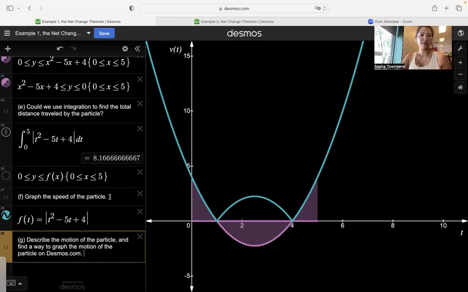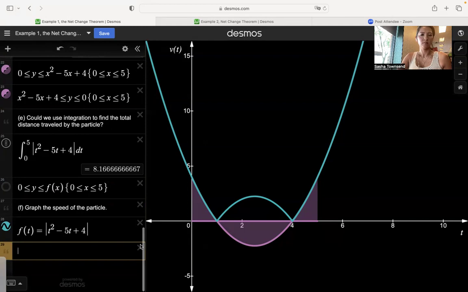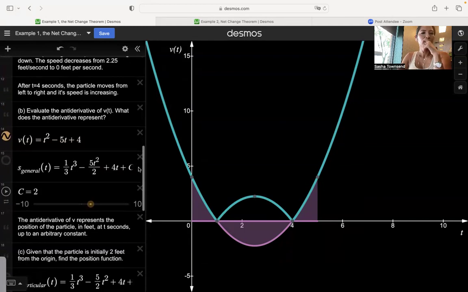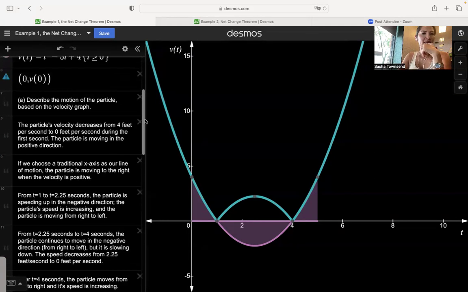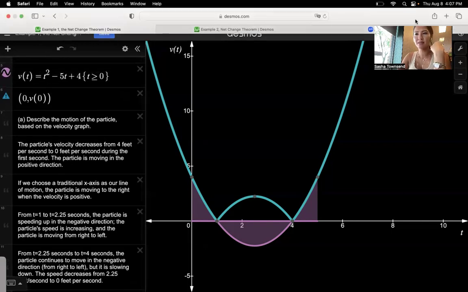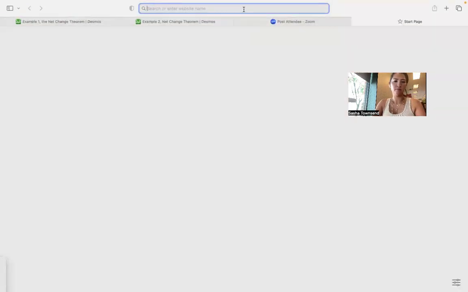So we've already described this motion. We said all of this about the particle moving left and right and up and down. Now we might want to graph that position as a function of time. Let's do that in a new graph.